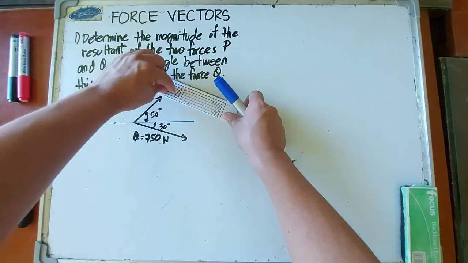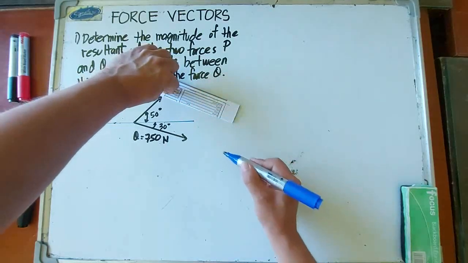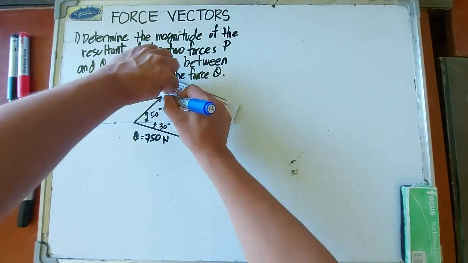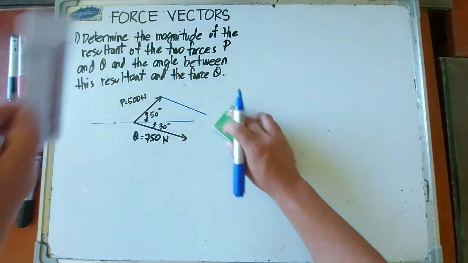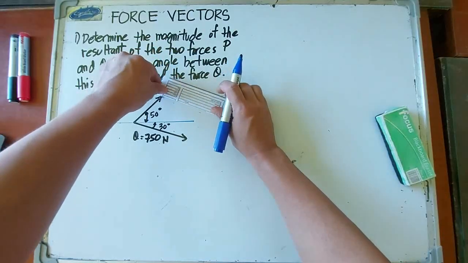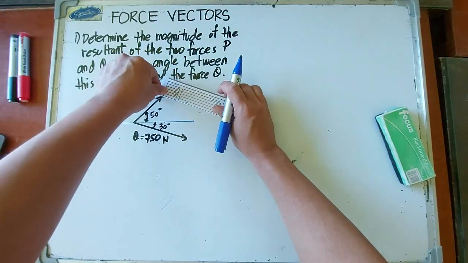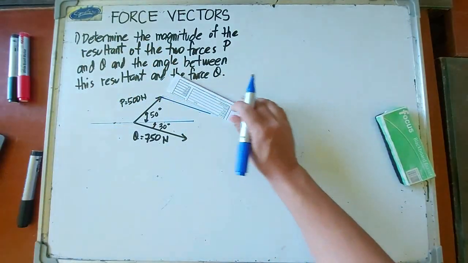Okay, so drawing tayo. So from the head of force P, we draw a parallel line relative to force Q. Drawing natin, parallel ba yan? Hindi yata. Nahirapan ako sa whiteboard. Okay, yan, parallel.